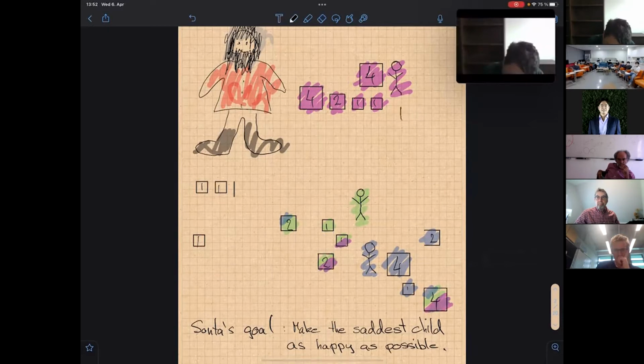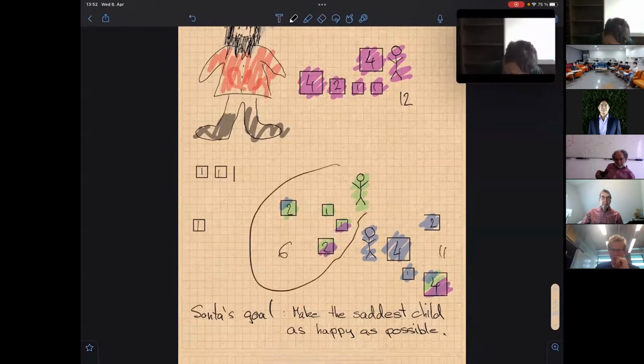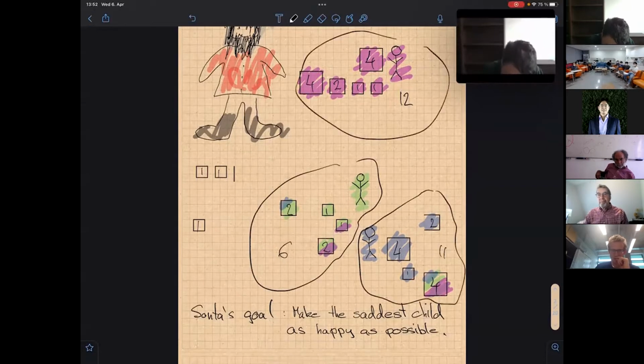Namely, here we have 12, and here we have 6, and here we have 11. I'm not sure whether this is the optimal one, but you get the picture that we would like to distribute the items to help Santa.